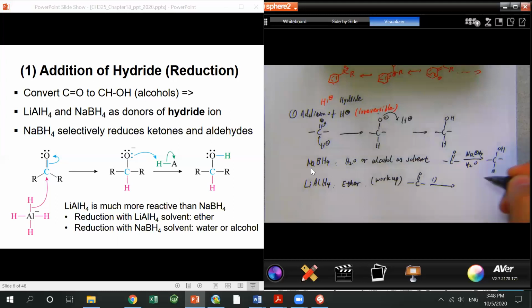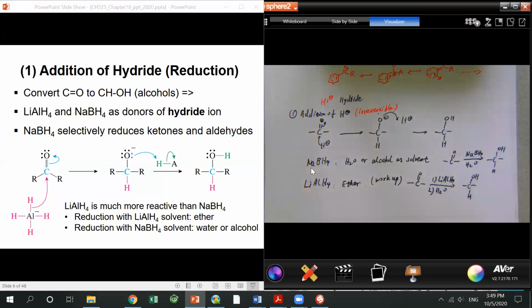Step one, lithium aluminum hydride, and if you like you can list the solvent, but probably you don't need to list it here. Step two, you do the workup. For the workup you can use a weak acid or just water. That finishes the whole reaction.